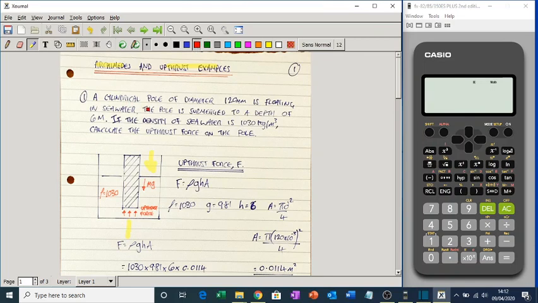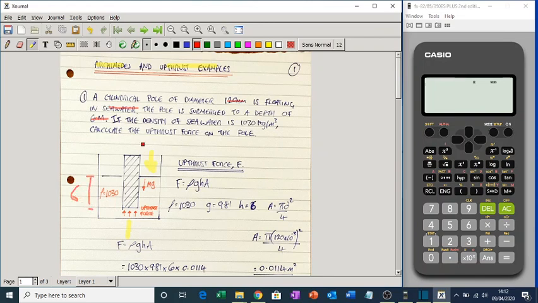So this one is a pole, say, with 120 mil diameter. It's in sea water, and it's submerged with a depth of 6 meters. So this depth here, say, is 6.